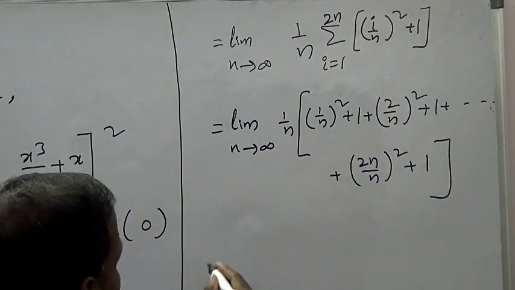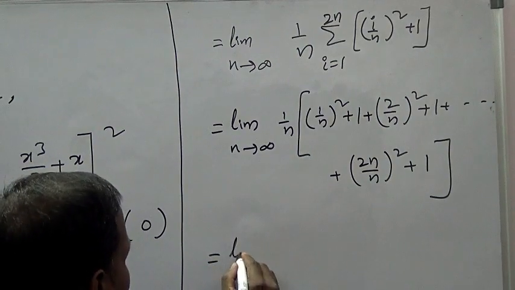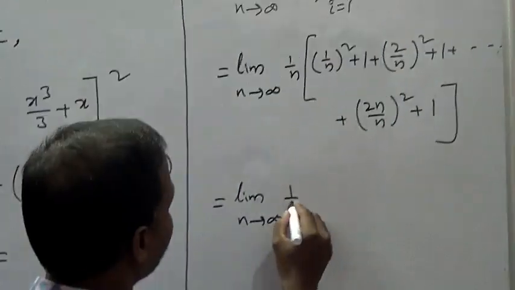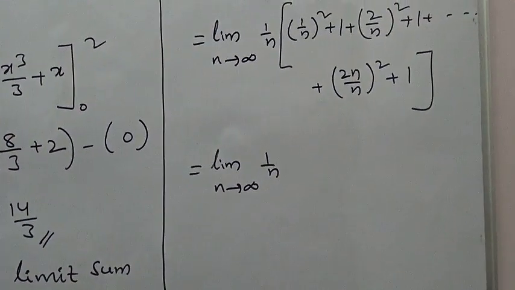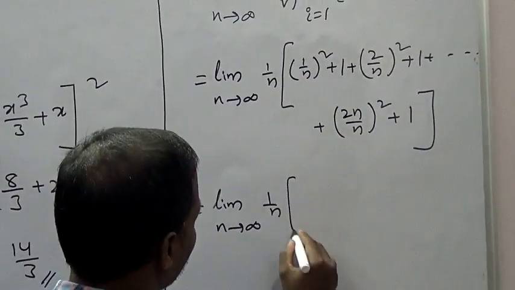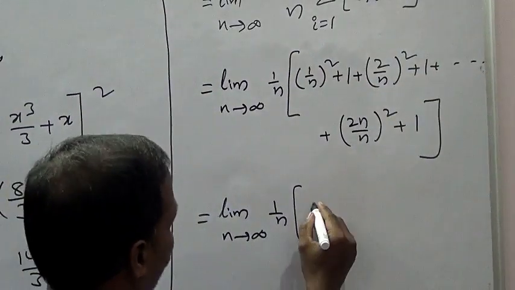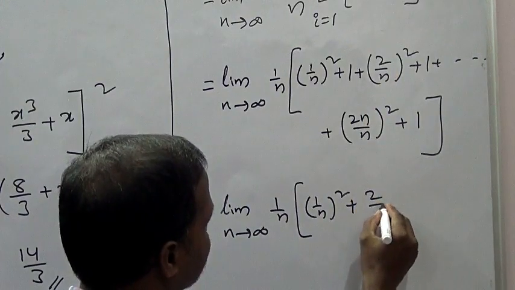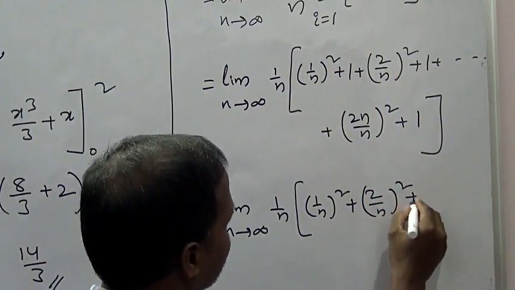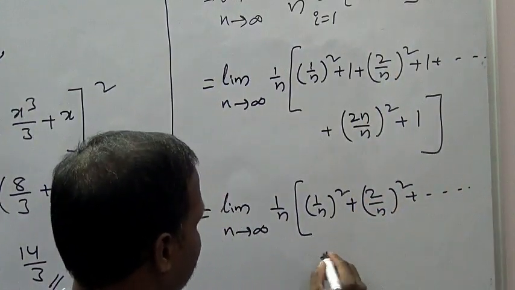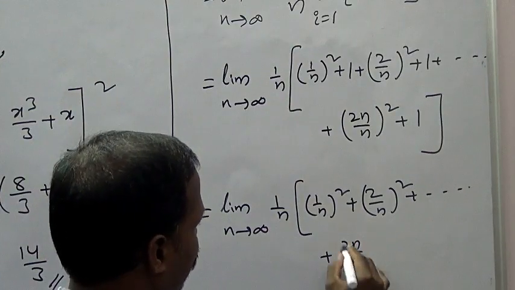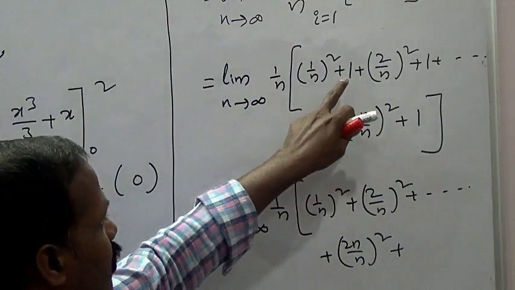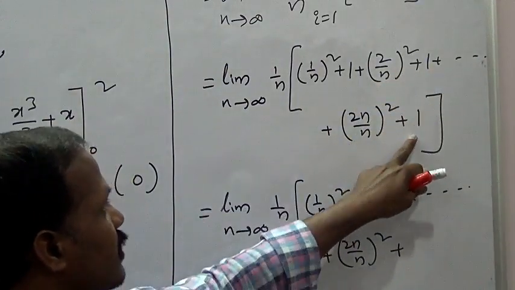Now this is equal to the limit as n tends to infinity of 1 by n, times (1 by n) whole square plus (2 by n) whole square plus so on plus (2n by n) whole square, plus how many ones are there?